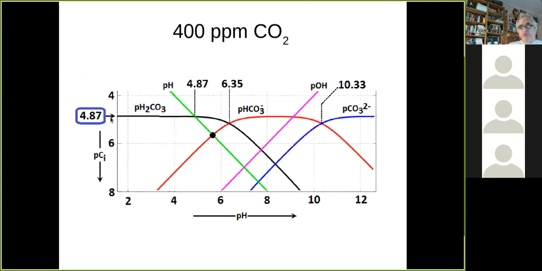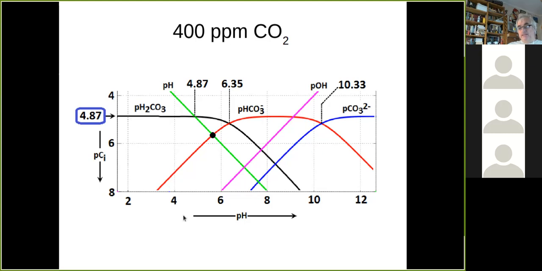This will show up to be something like 10 to the minus 4.87 moles per cubic decimeter if the carbon dioxide only comes from the atmosphere in pure water. That is the reason why we have the line at this position, but in principle, it's not really important why we have it here.